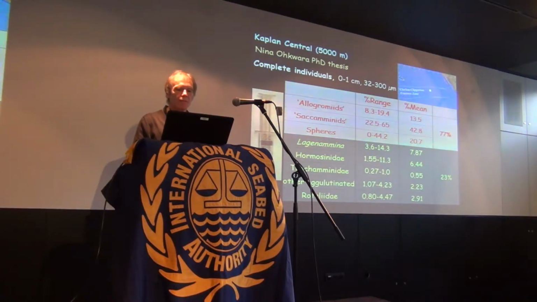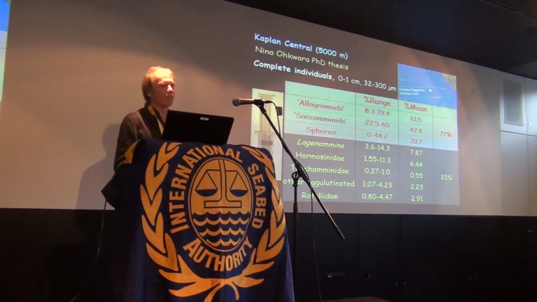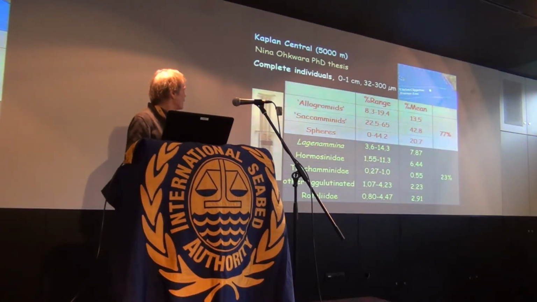Now these are some data from Nina Kamenskaya's PhD thesis from the Kaplan Central site. This was based on very small syringe sub-cores. So this is a 20 ml syringe with the end cut off to make a kind of corer. And she looked at tiny, very small samples, 3.5 mls. So this is a 32 micron fraction.